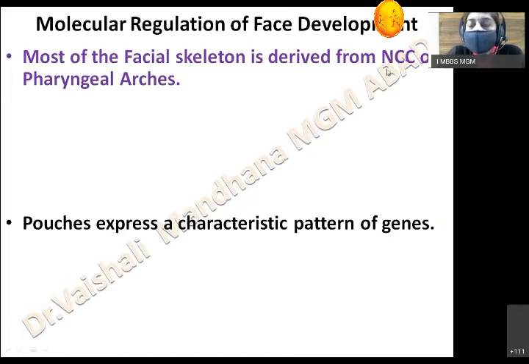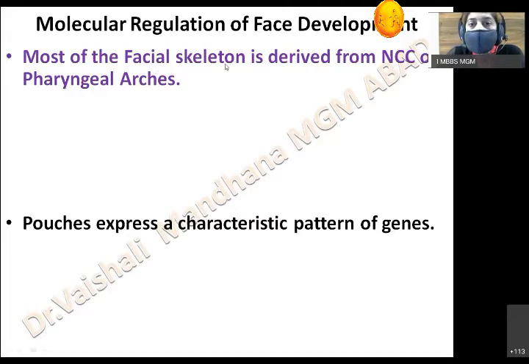These neural crest cells migrate, but before their migration, before the formation of the arch, you know the arch means mesoderm, cleft means ectoderm, and pouches means endoderm. So before the formation of the arch, the pouches are formed, and these pouches, that means endoderm, govern the formation of the arch.